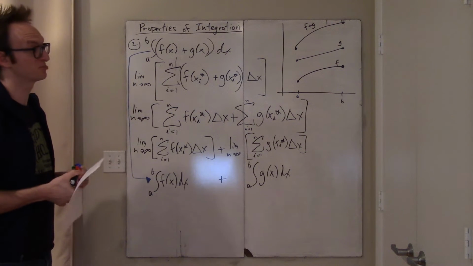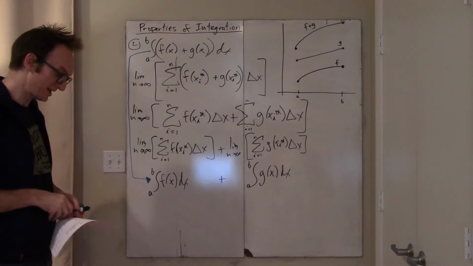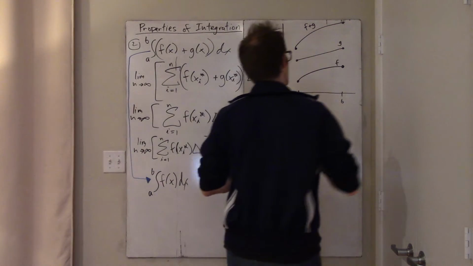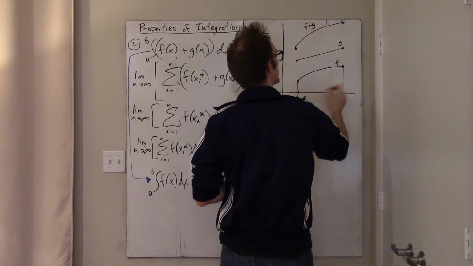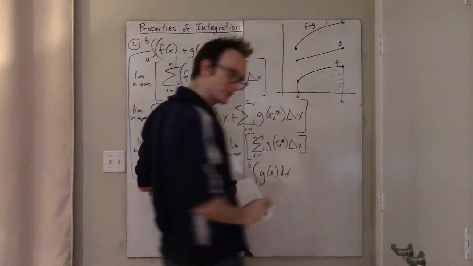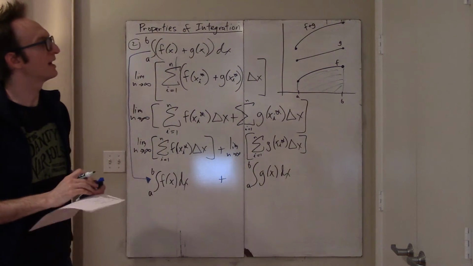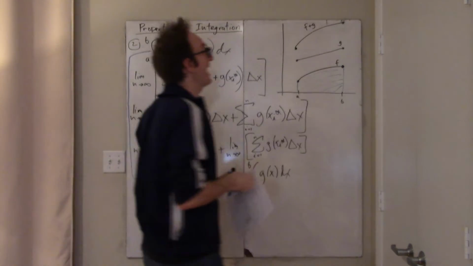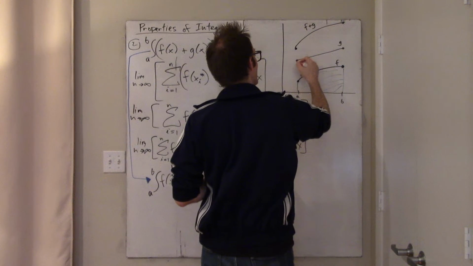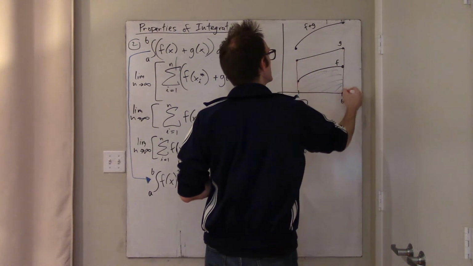I claim this is not obvious at all. It is very plausible, and what I'll try to do now, these colors probably won't come through, is sketch in green very lightly the area under this f curve, and then in red, very lightly, the area under this g curve.